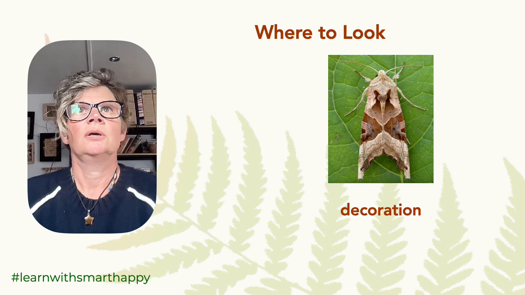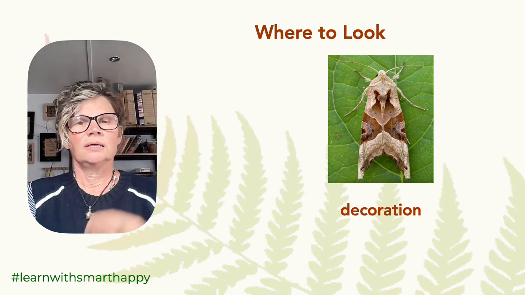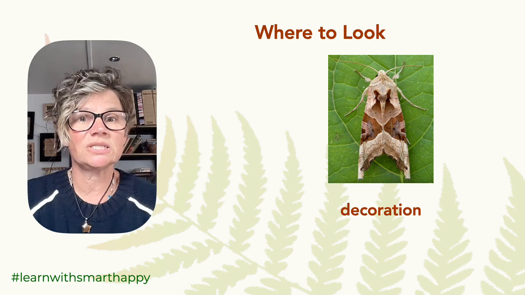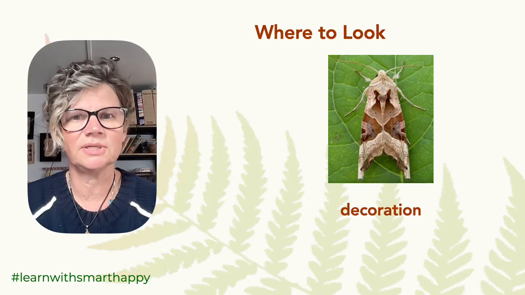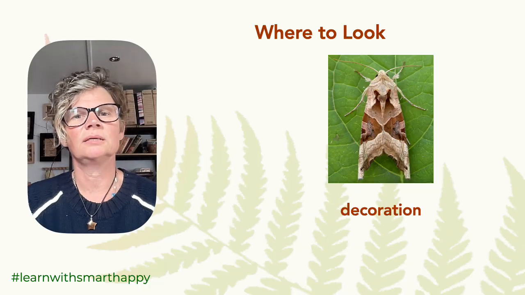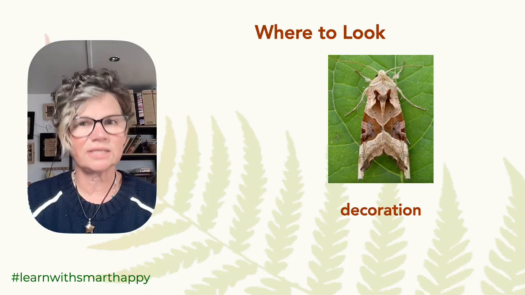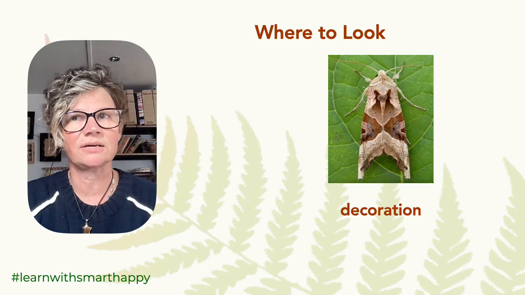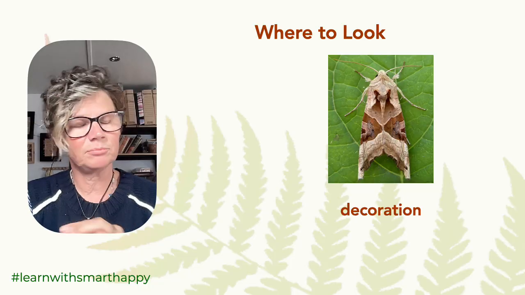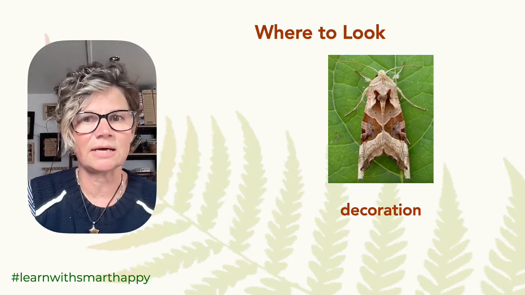We can start to see our geometries in these sort of situations. So this is an angle shades moth, and you can see it's got triangle markings on its leaf. So that's the area of decoration, or it might be markings on petals, things like that, or butterfly wings.